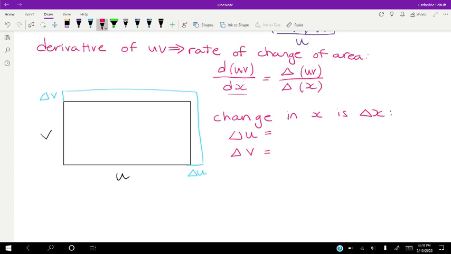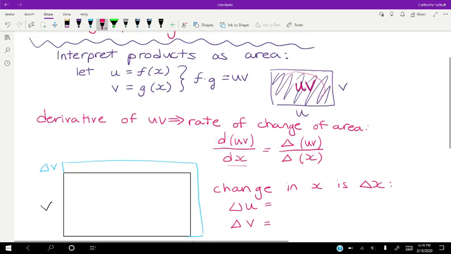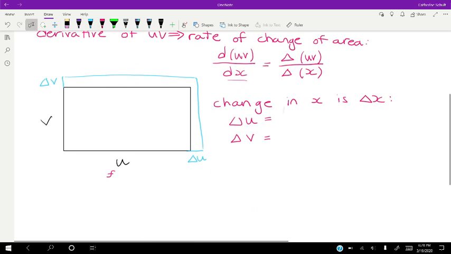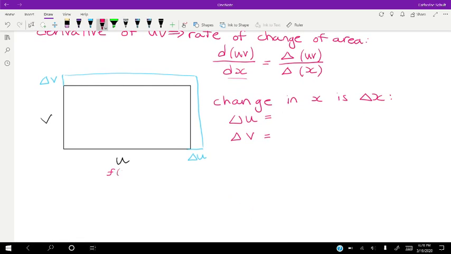What we're going to do is remember that this u is equal to f of x and v is equal to g of x. So let me write that there, because now we can talk about the change in u and the change in v.